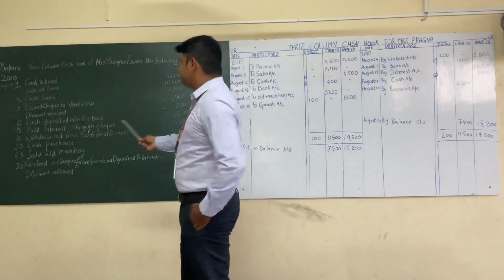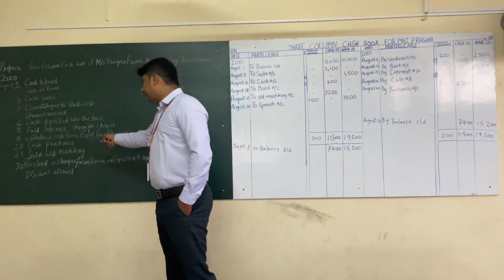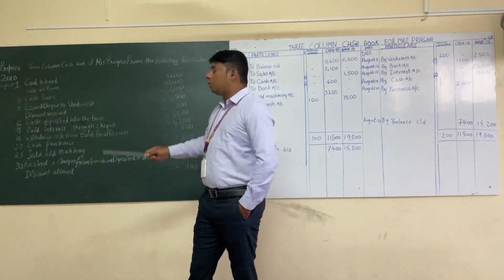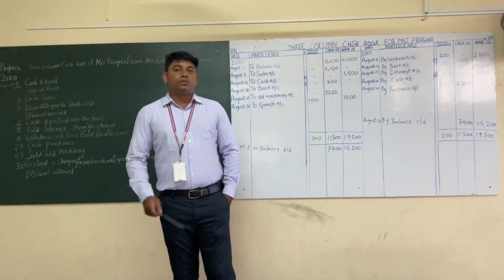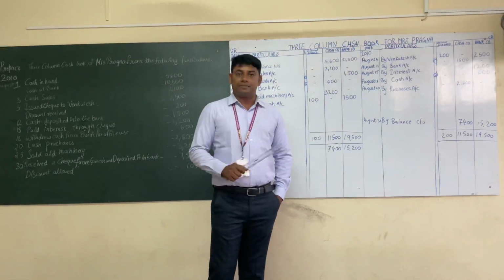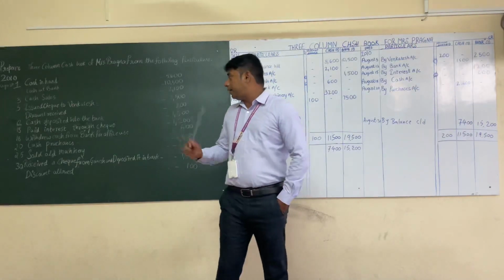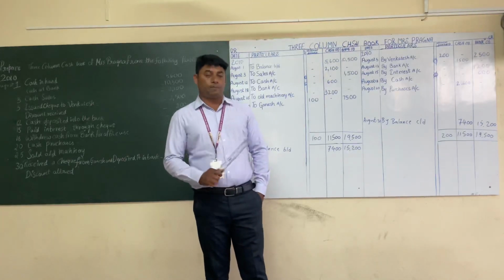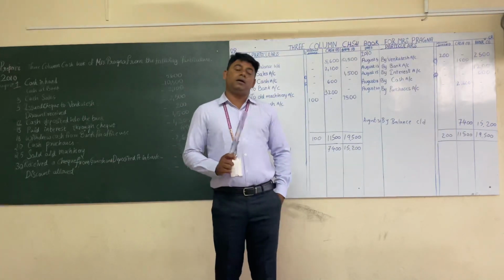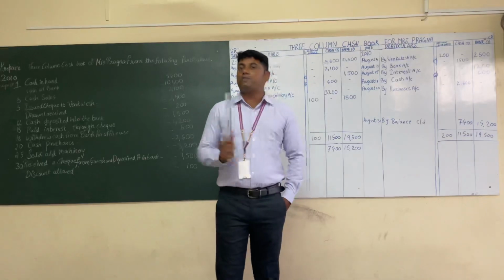And next one, that is withdraw cash from bank for office purpose. So this is one of the contra entries again. We are withdrawing cash actually from bank for office purpose. In this particular situation, we are getting cash from bank.